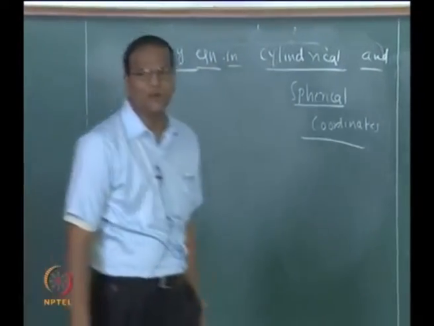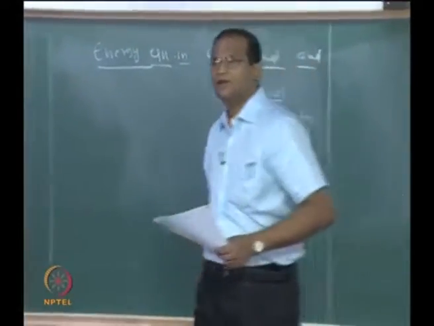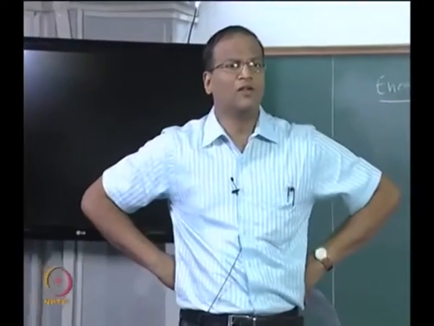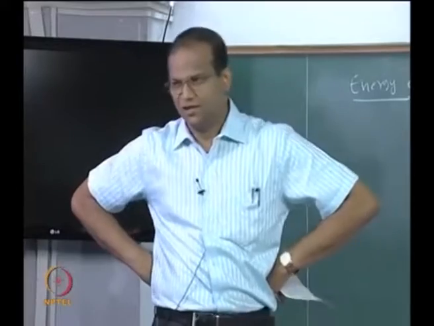we have to look at the energy equation in cylindrical and spherical coordinates. I do not have time to derive that, but they can be derived in a manner analogous to how it was derived for the Cartesian coordinates.